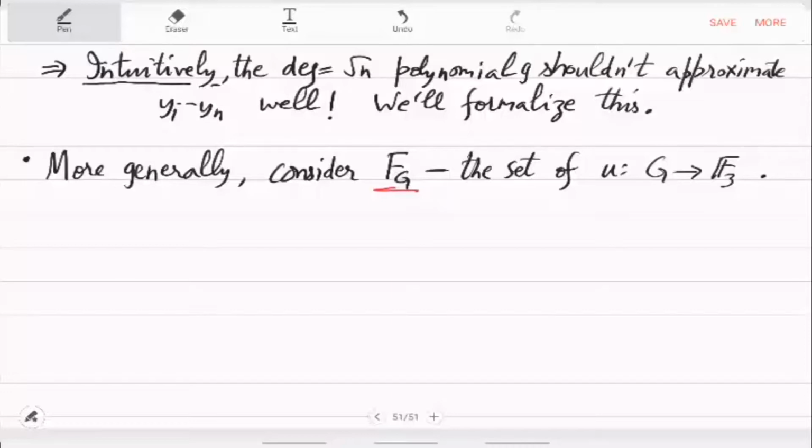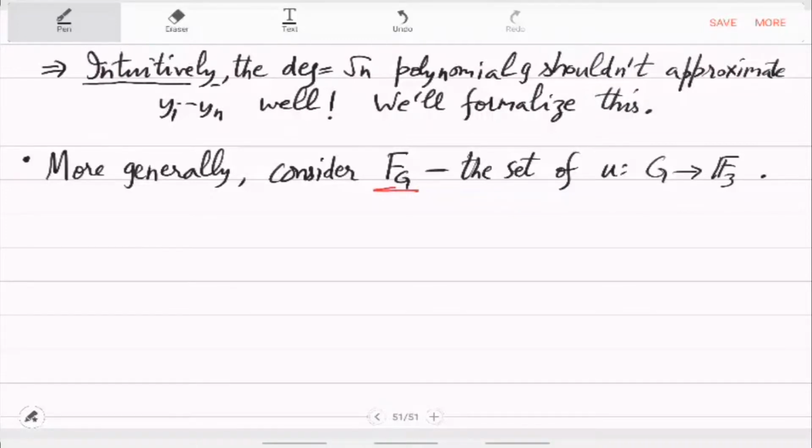So consider this set of functions from this domain big G, taking values in the field F3, so 0, 1, 2 valued. Now the small g will give you some property on these functions, all these functions.